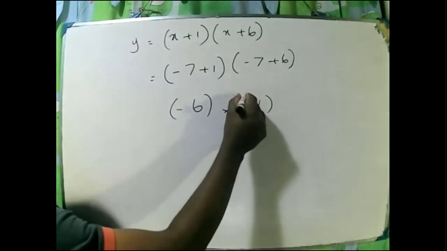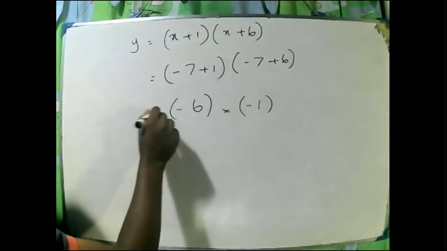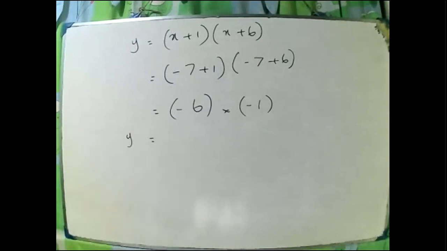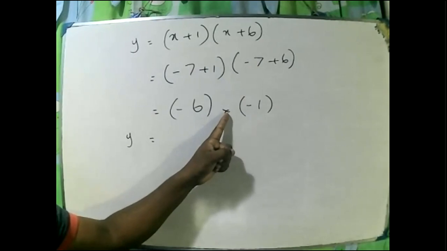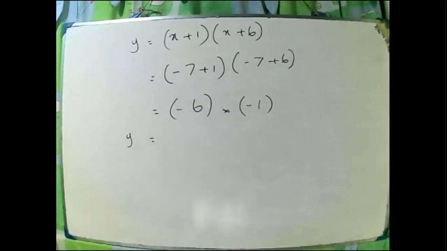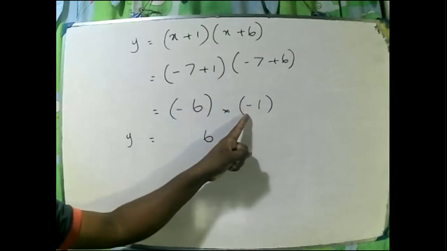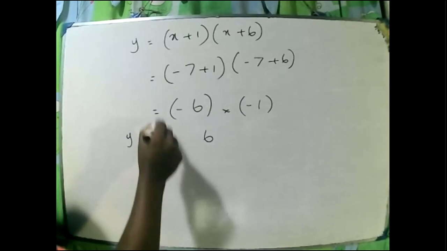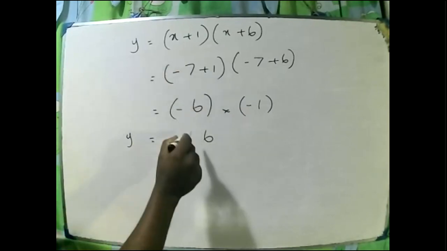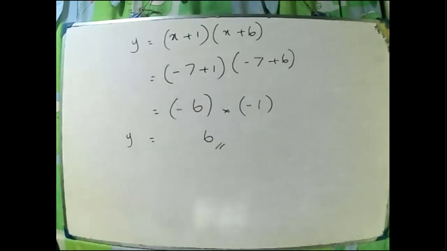Therefore negative 1, right? So now to find the y, you have to multiply these two, right? So here is the multiplication: 6 into 1, that is 6. Negative multiplied by negative, you get positive, right? So when x is negative 7, y is positive 6, right?